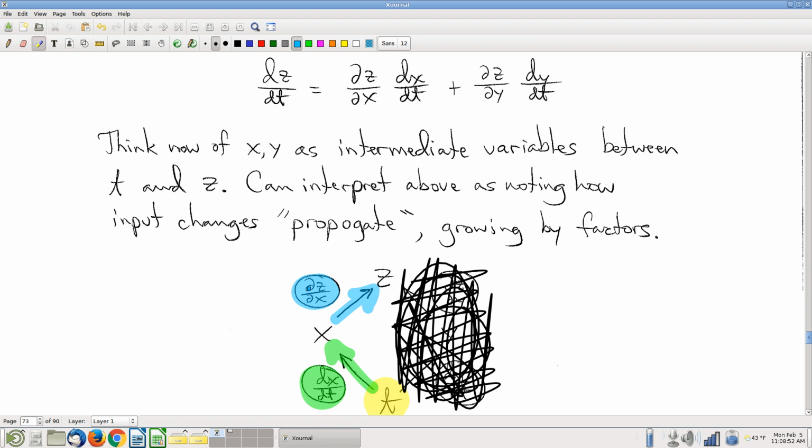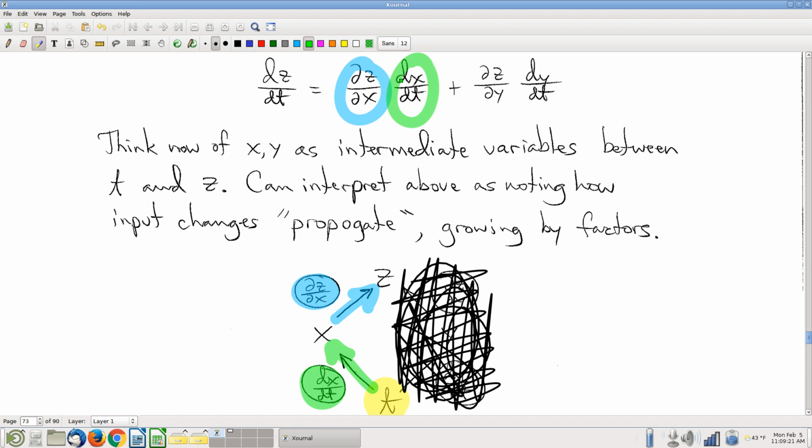And you can see that right here in colors, in this first term. That product of derivatives tells you altogether how changes in t propagate along this path, through x to cause changes in z.